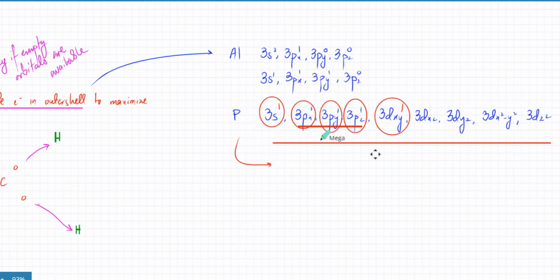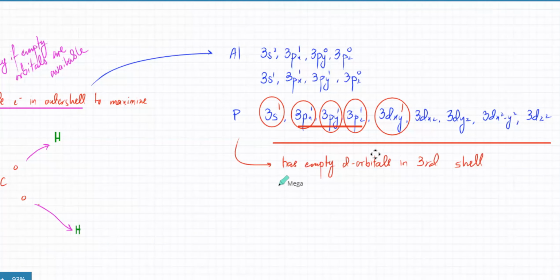So remember, phosphorus has empty d orbitals in the third shell and can expand its octet.